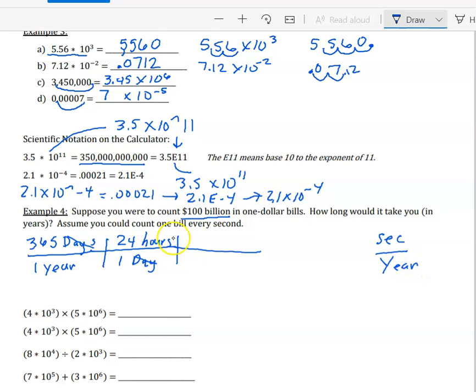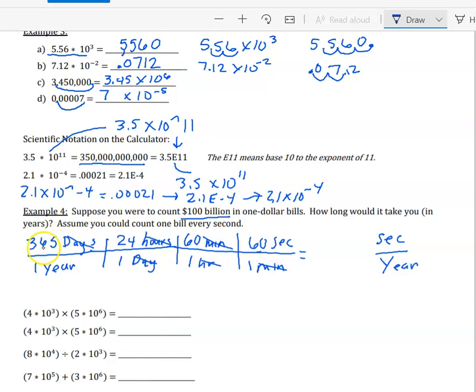That's the goal. And then I know that there are 60 minutes in 1 hour. That'll get my hours to cancel out. There's 60 seconds in 1 minute. That would get my minutes to cancel out. So on the bottom, all we're really left with is years, which is what we needed.